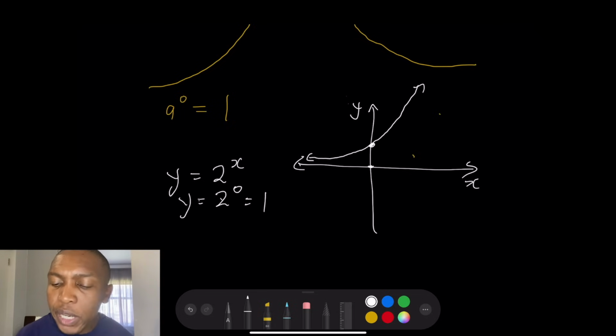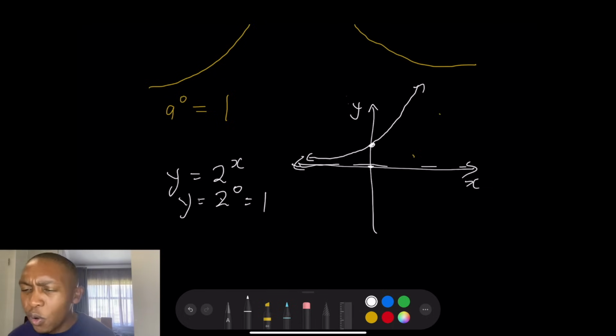So for the exponential graph, I want you to please note that the x-axis now acts as your asymptote, and you can obviously guess why. Because in this case we cannot actually have a negative y. It doesn't matter what you do.